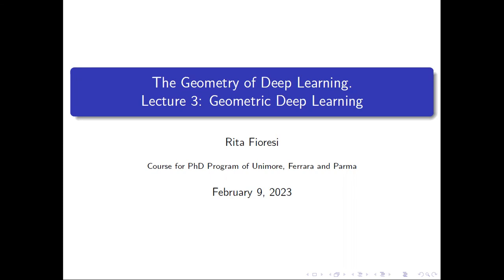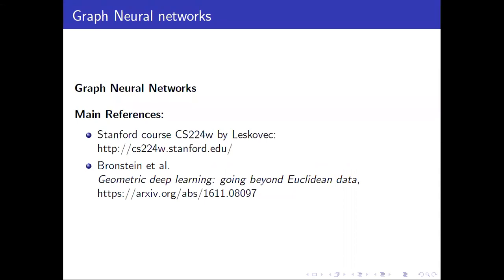Right. So now we go to geometric deep learning. So we spoke about deep learning. So I put here the references. There is this beautiful course by Leskovec. There is Fei-Fei Li at Stanford, doing deep learning. And then there is Leskovec, also at Stanford, doing graph neural networks. I like what he does.